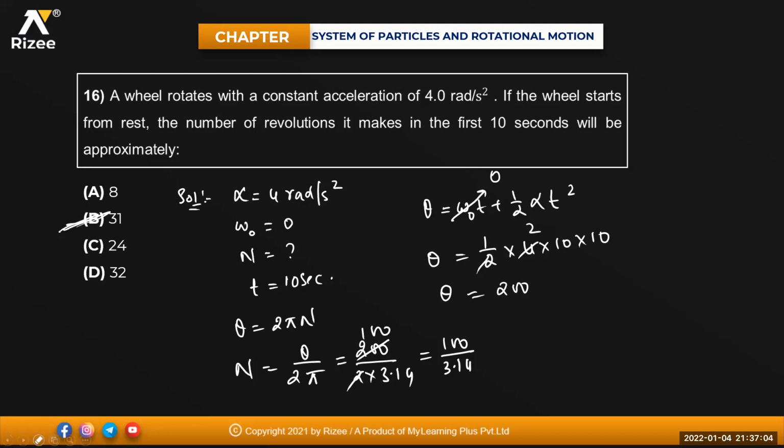Check the calculation once. 100 divided by 3.14 is 31.8. That means we'll be getting 32.